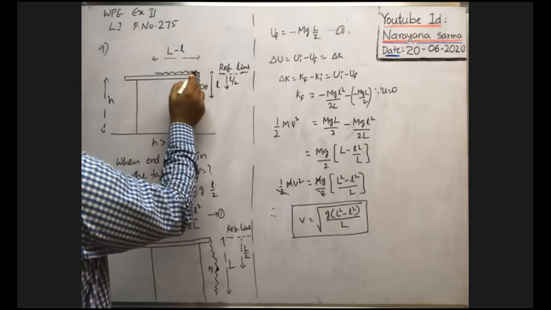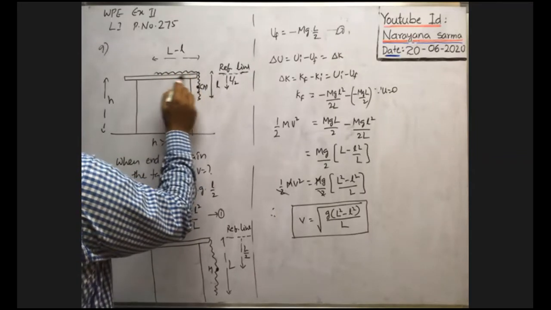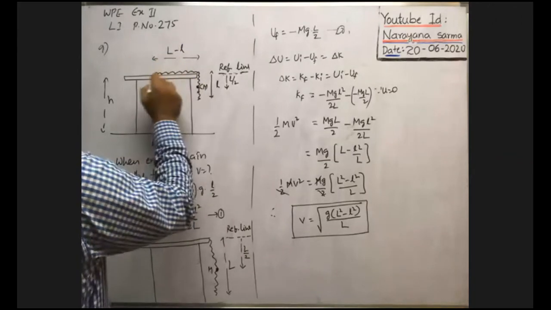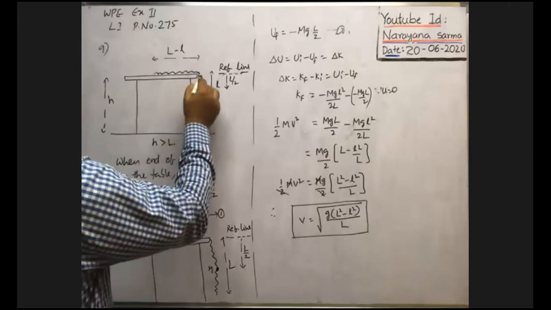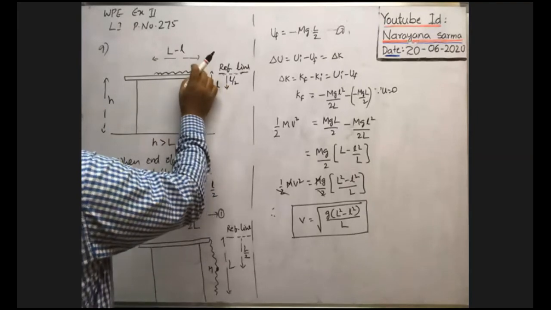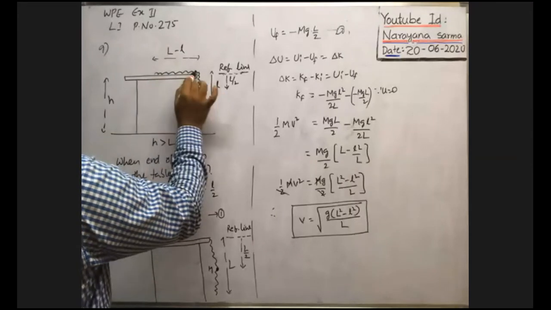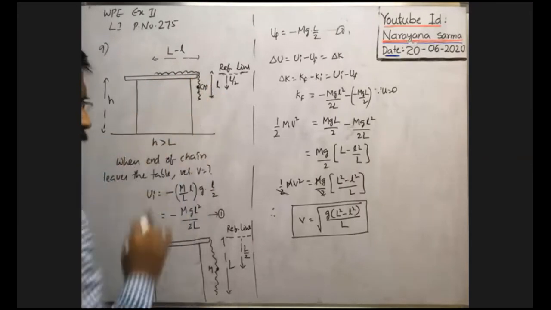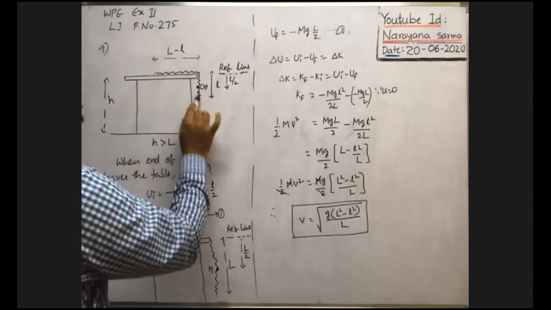At the same time, the weight of this part of the chain also acts downwards, but the table exerts the reaction force on this part of the chain and it prevents this part of the chain from falling. But because of the weight of this chain, as the chain is pulling like this, the tension is developed here and the tension pulls this chain to fall downwards. Okay, in this way, whenever you leave the chain, then chain slides down like this.